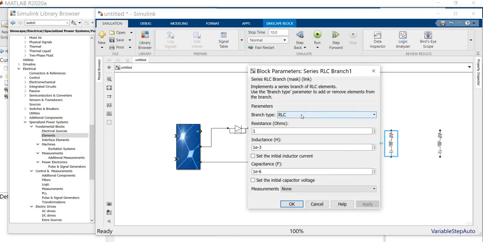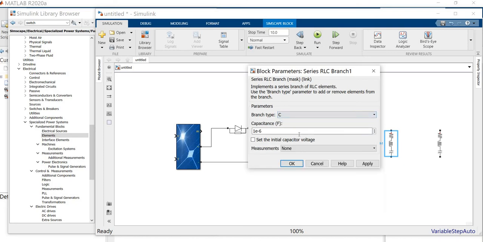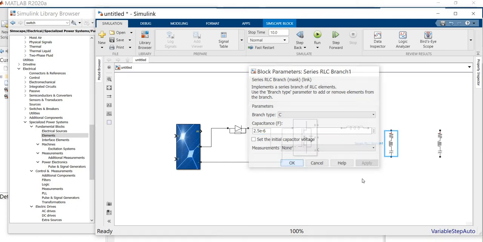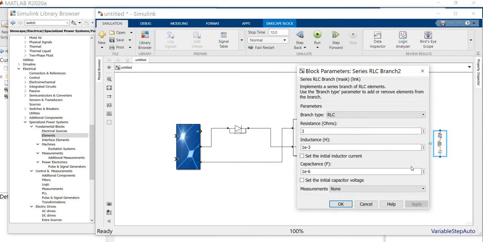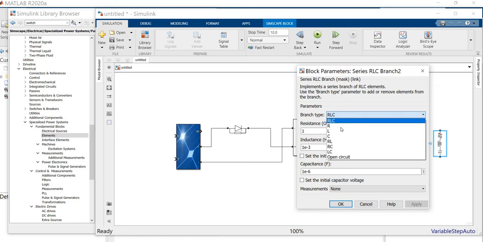This is the C capacitor, and in the capacitor I am setting the value to 2.5 microfarad. So this is the output. What is the output? Here we are fixing the value of R.